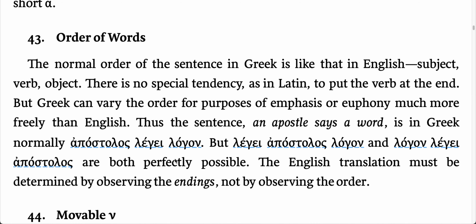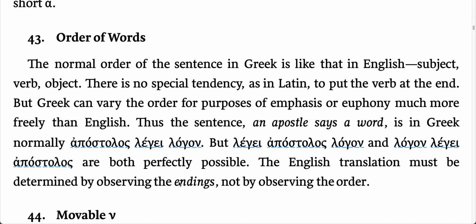So just know that Greek can change word order because word order is not as important as it is in English. Even though there's a tendency to have the same kind of word order, put the subject first, then the verb, then the direct object, it could be out of order because it's all based on endings. And if it is out of order, if it is like this or like that, it's because they're wanting to emphasize the verb over the subject.